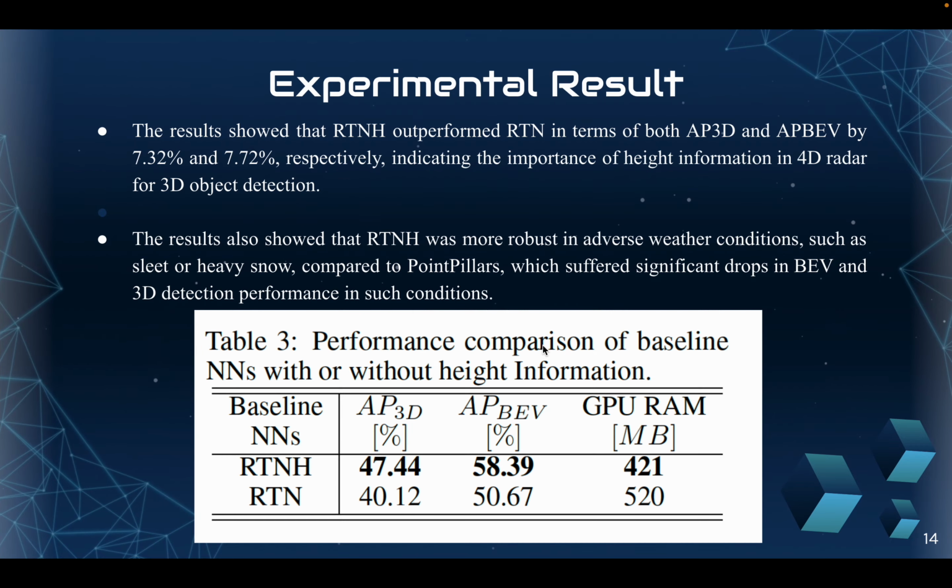This is the result of the experiment. It states that the model trained on the 4D radar is outperforming the traditional neural network by 7%. This basically means it's performing very well compared to PointPillars or the traditional database.